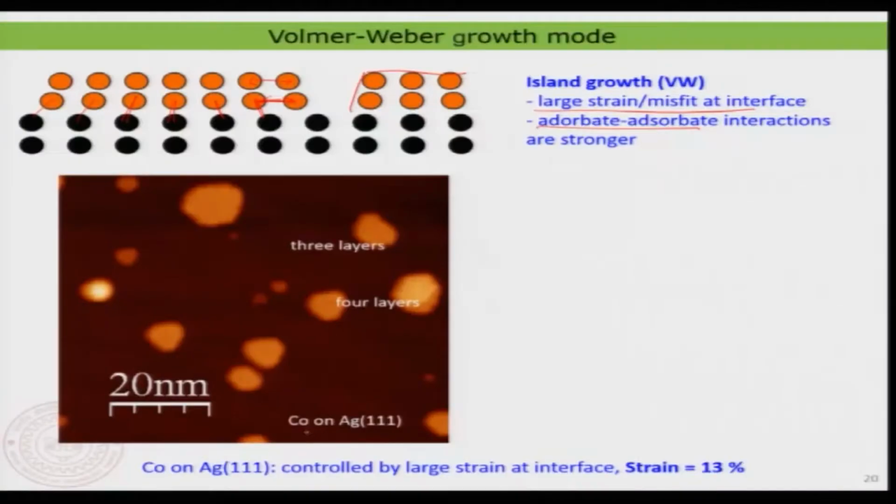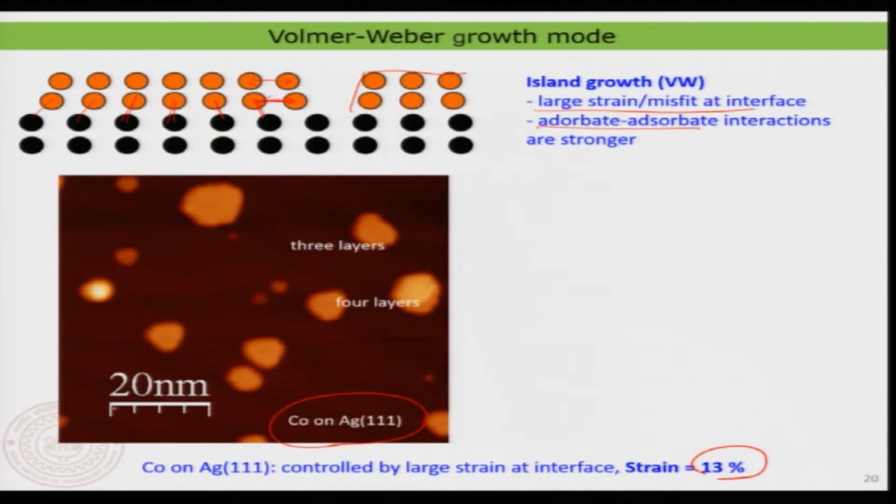Yeah. So, this is an example here, the cobalt on silver 111 surface. As we have already seen, the strain at the interface is about 13%, and 13% shows a very huge misfit at the interface, and therefore you clearly know that they are going to only form islands.